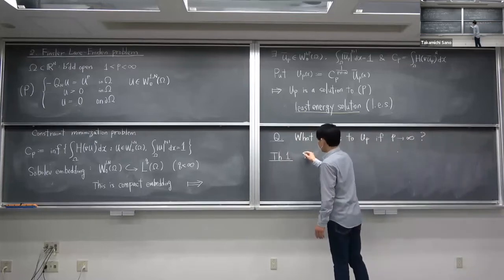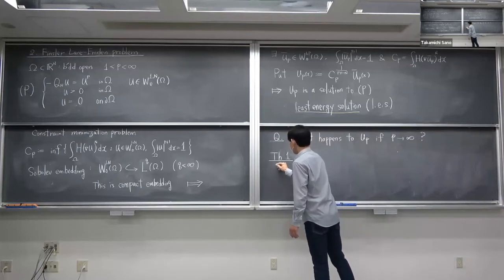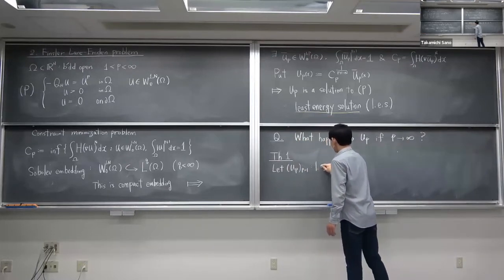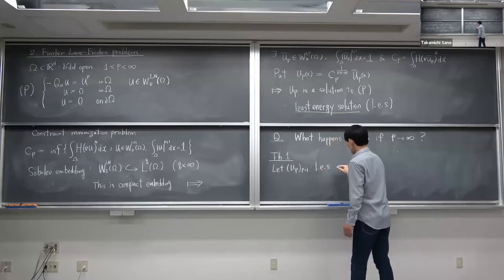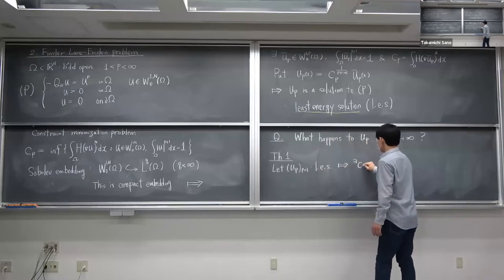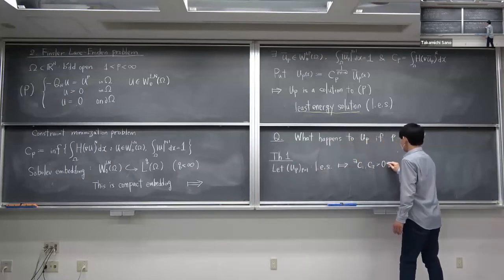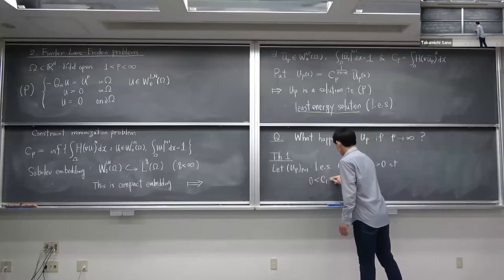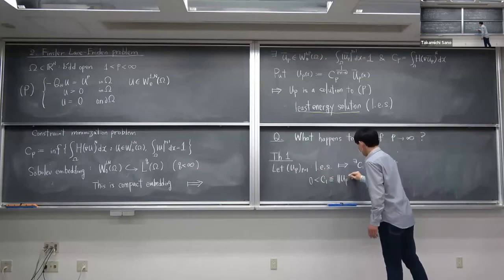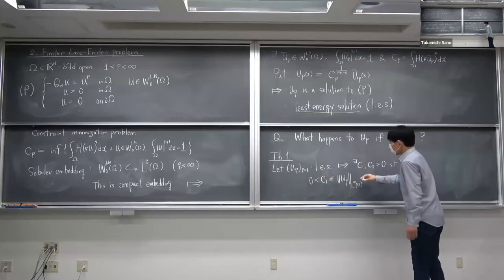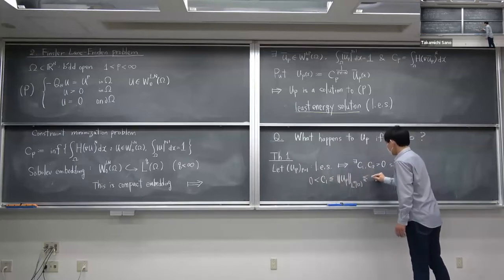The first one is like this. Let UP, for any P greater than 1, be least energy solutions. Then there exist some positive constants C1, C2, such that in the L infinity norm, so maximum norm, UP doesn't vanish or doesn't blow up.